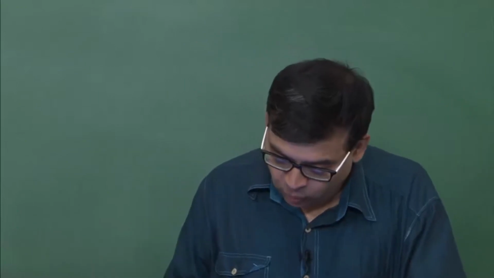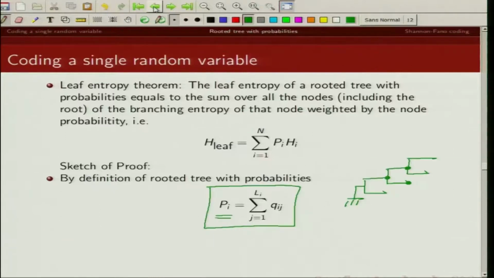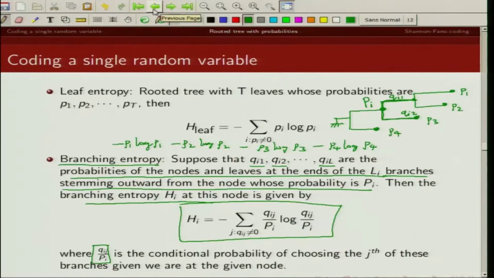Now next, look at this term, log of Qij by Pi. In the branching entropy, if you recall the definition of branching entropy, you can see here you have this term of the form log of Qij by Pi.